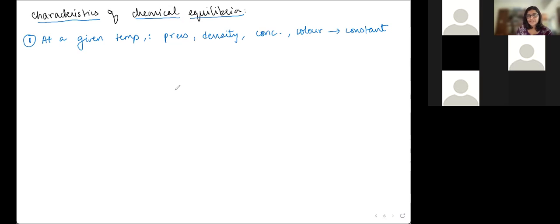So if you change the temperature, you're literally changing the reaction mechanics. So then the equilibrium will change and these properties will also change. So this is quite important. Whenever we talk about any sort of equilibrium, it is at a certain temperature. The temperature is constant in that case.